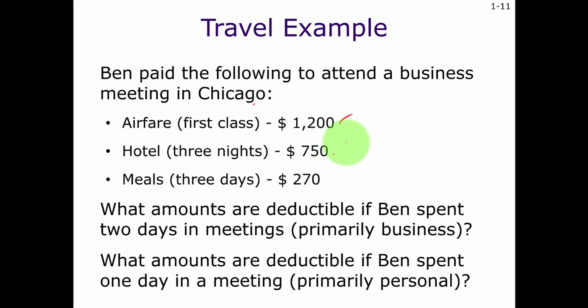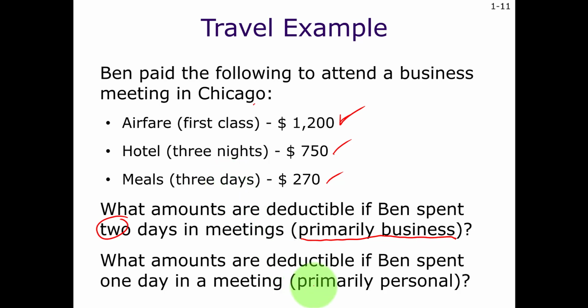He spends 3 nights there, $250 per night, $90 per day for meals. And if the primary purpose of going to Chicago is business, he gets to deduct all of this airfare. He gets to deduct 2 of the 3 nights hotel, 2 of the 3-day meals, and take half of that. Remember, 50% is what's deductible for business meals.